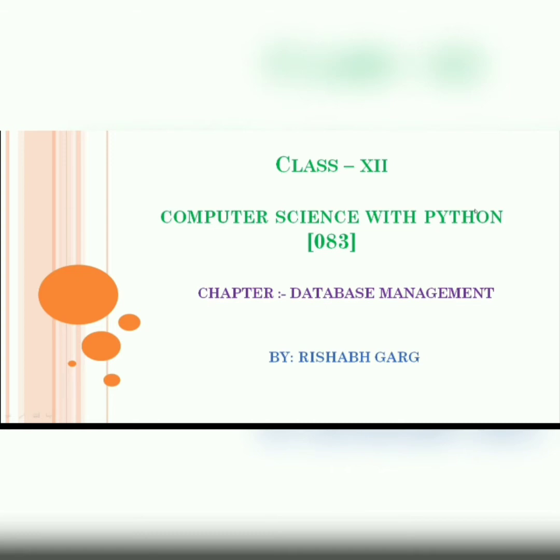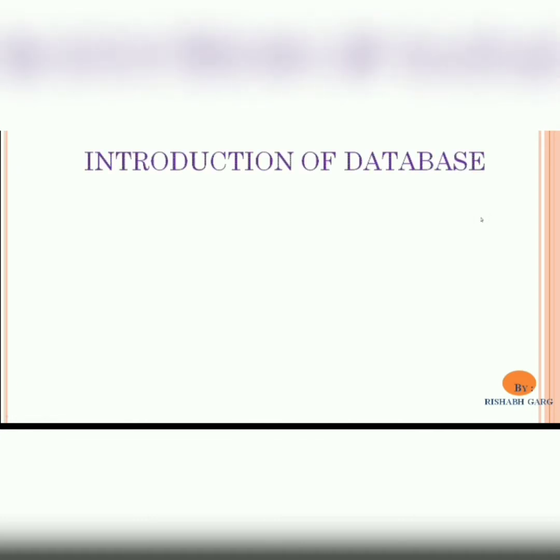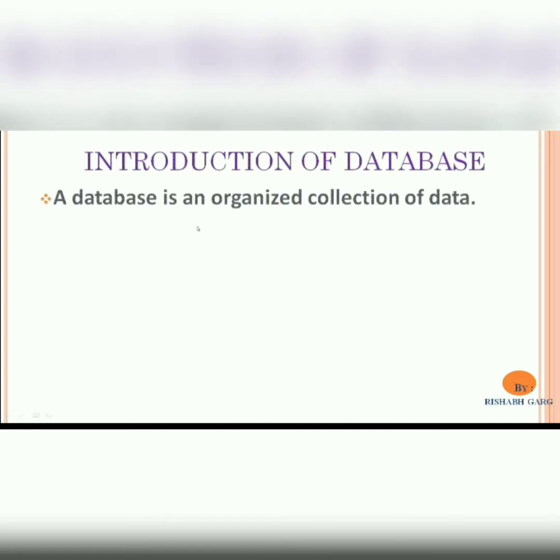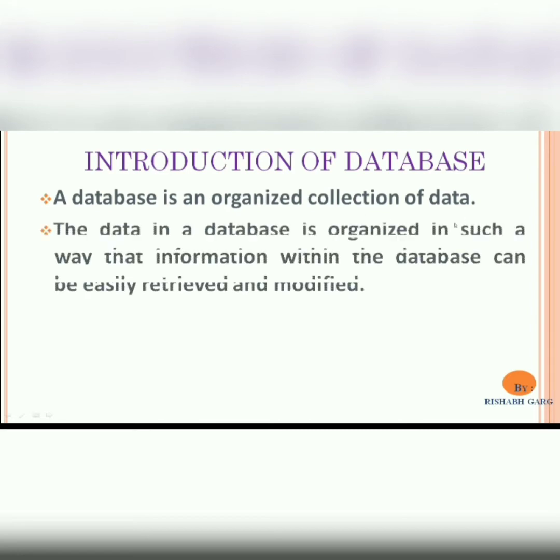Today we are going to start the database management chapter of class 12th. Let's begin with the introduction of database. A database is an organized collection of data. The data in a database is organized in such a way that information within the database can be easily retrieved and modified.